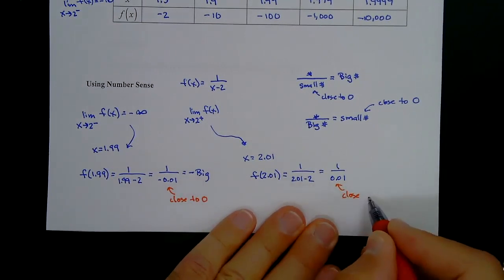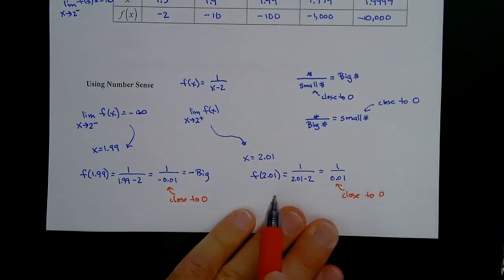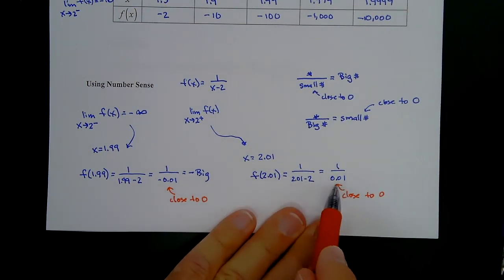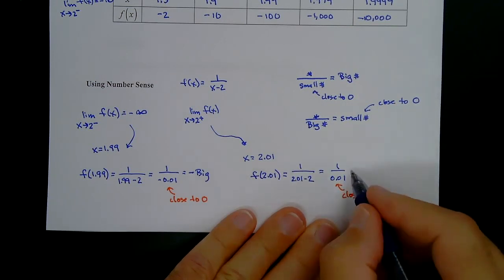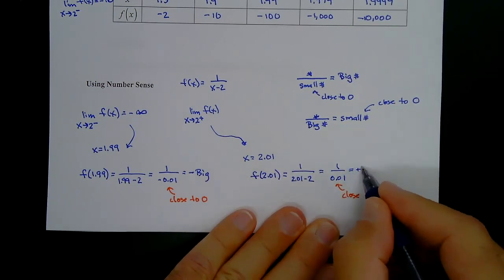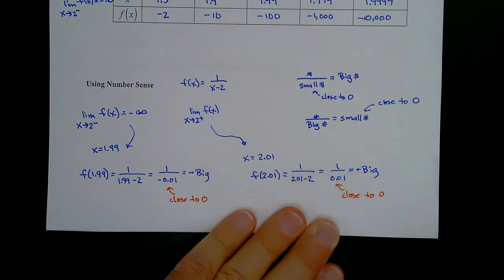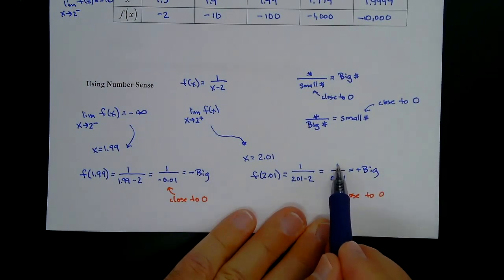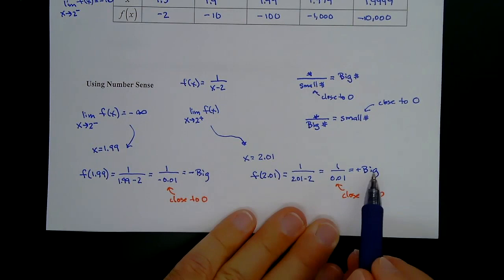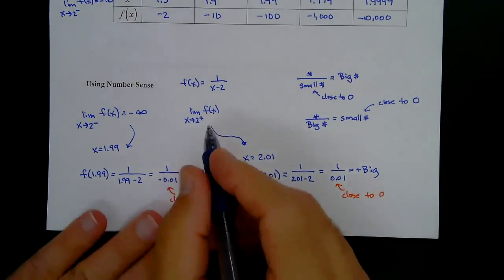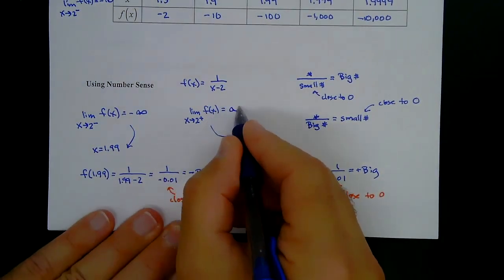And remember, this x is getting closer and closer to 2, so this is getting closer and closer to being 0. So this is going to be a positive big number. The reason I know it's positive is because we're taking a positive 1 and dividing by a positive 0.01. So that means this one is going to go to infinity.